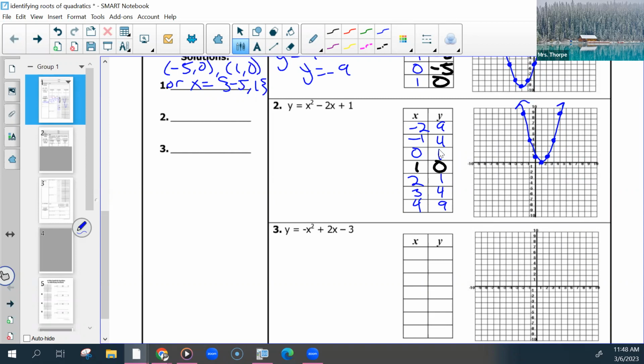Like what number? One. Yeah, one. So you can either write it as the ordered pair or write it as the set notation. What questions do we have so far?